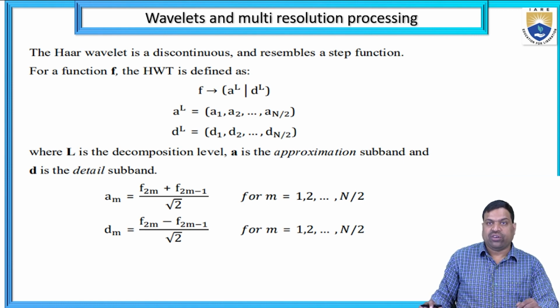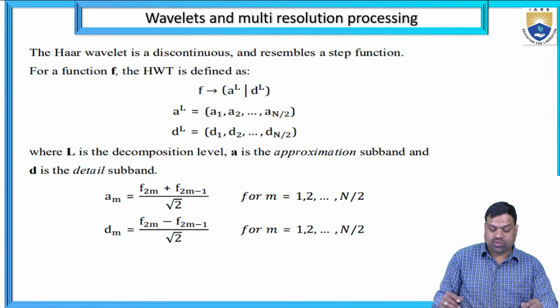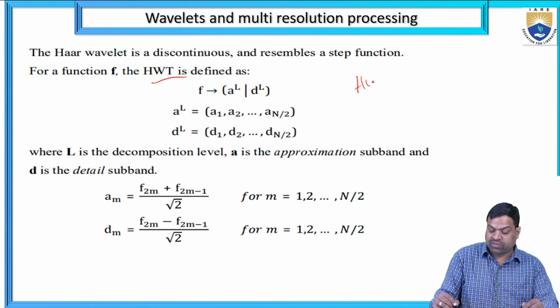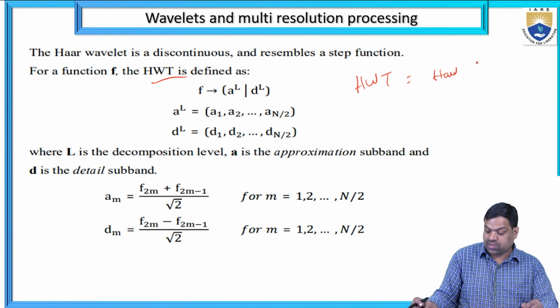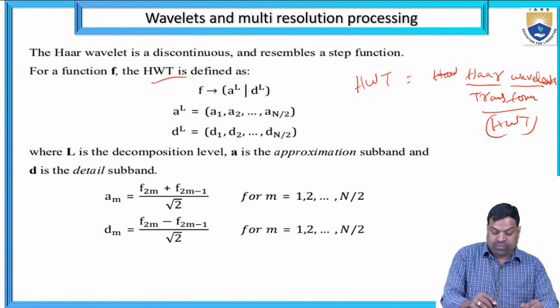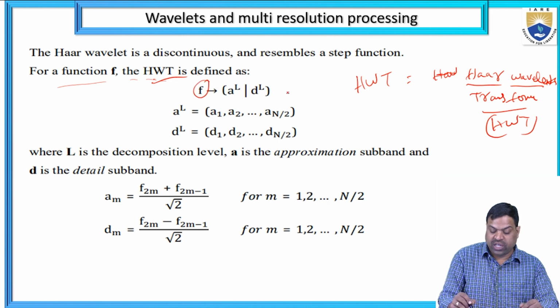For a function f, the Haar wavelet transform, HWT, is defined as follows. f, the input, equals a power l by d power l.